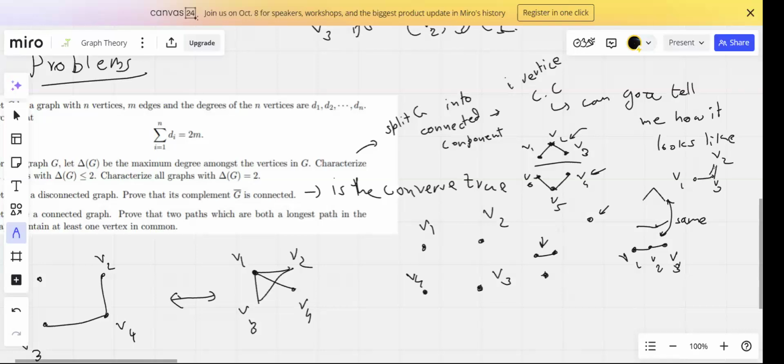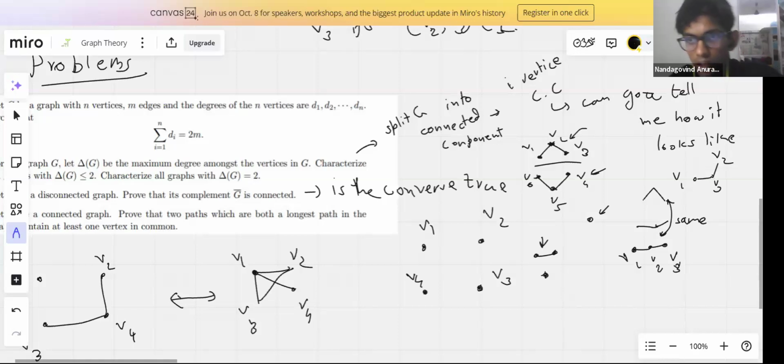Maybe even if v1 and v2 are connected, then it's different from the first. So if it's like this, then it's different, right?